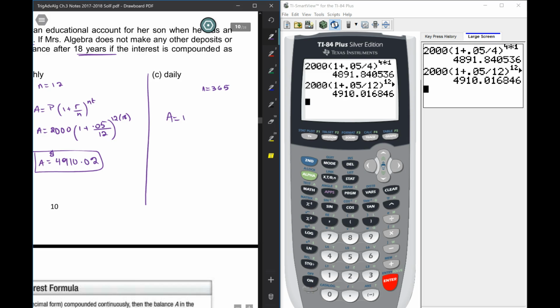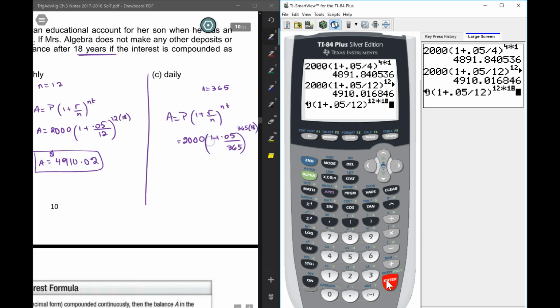So, P, 1 plus r over n to the nt. So it's equal to 365 times 18. Second, enter.